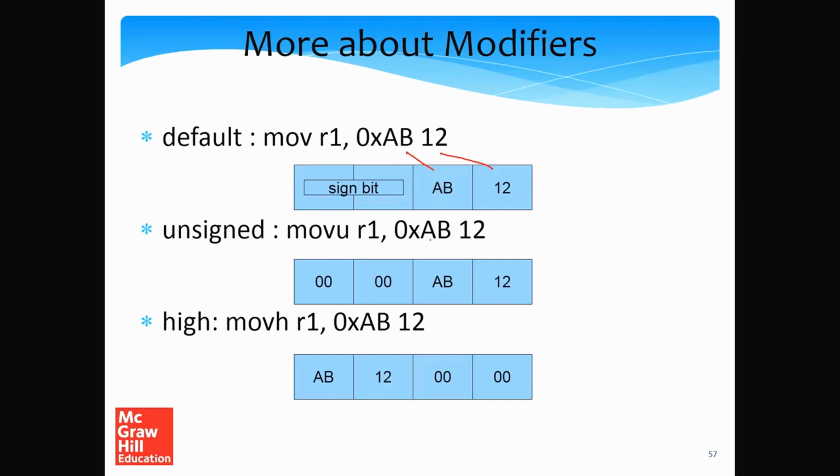If we consider an unsigned, then again the byte AB and 1, 2 are loaded into the lower 2 bytes. But the upper 2 bytes are set to zeros, 8 zeros and 8 zeros, 16 zeros. If we consider the same thing, move H R1 0x AB12, AB12 are actually moved to the two MSB byte positions, upper byte positions, and the lower positions are set to 0.